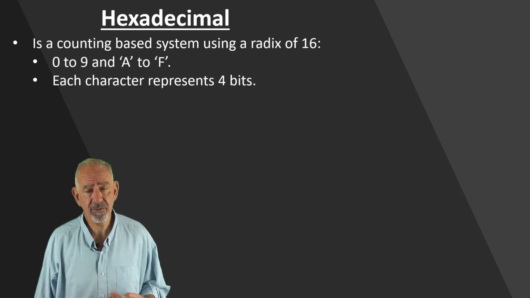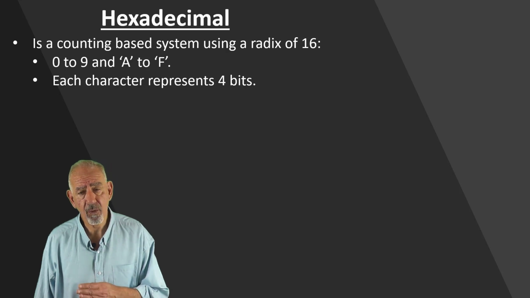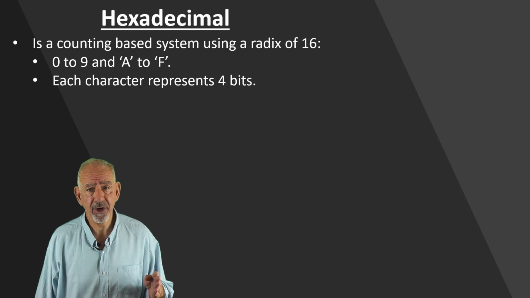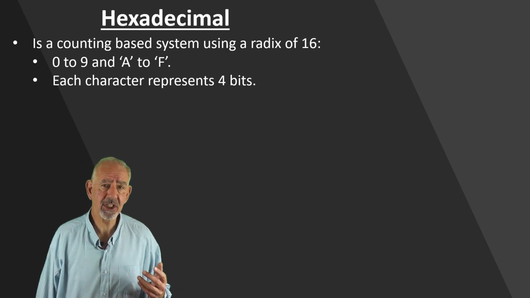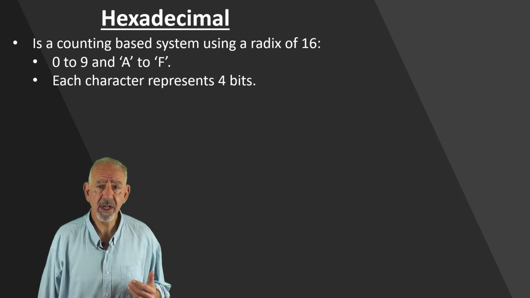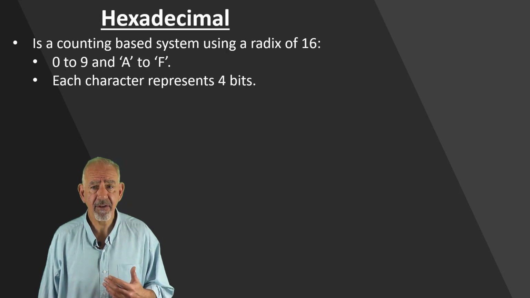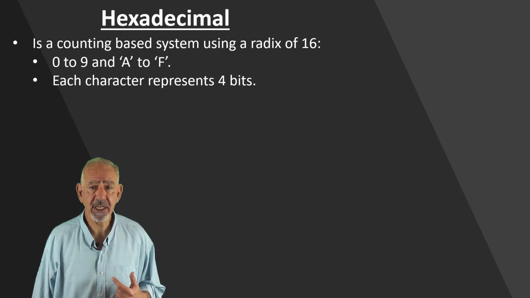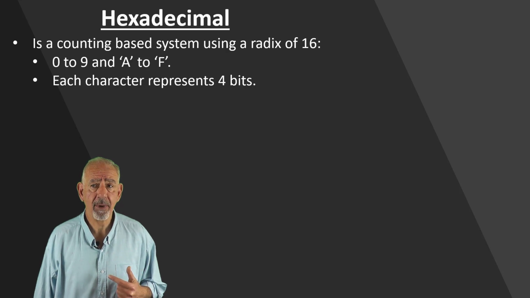So we count not from 0, 1 as in binary, but in base 16. And we have 16 different characters, 0 to 9 and A to F. So now that can represent 4 bits of information rather than just doing it with zeros and ones, one bit at a time.